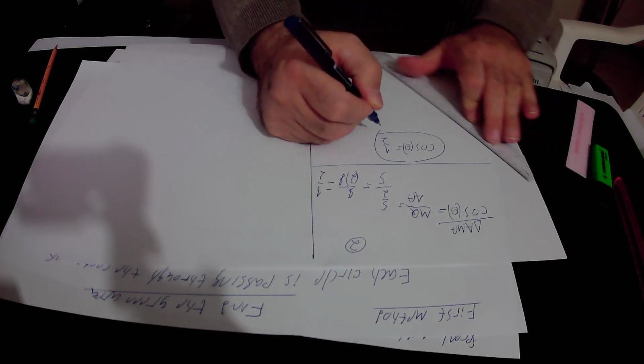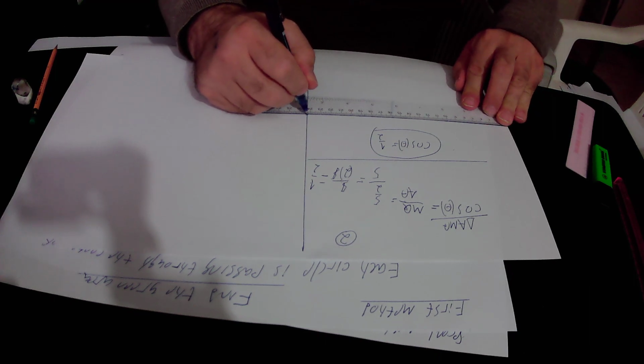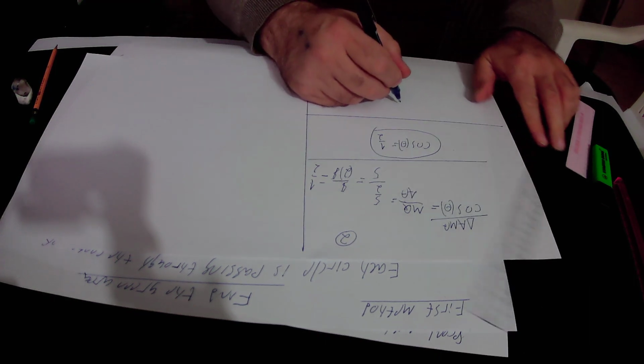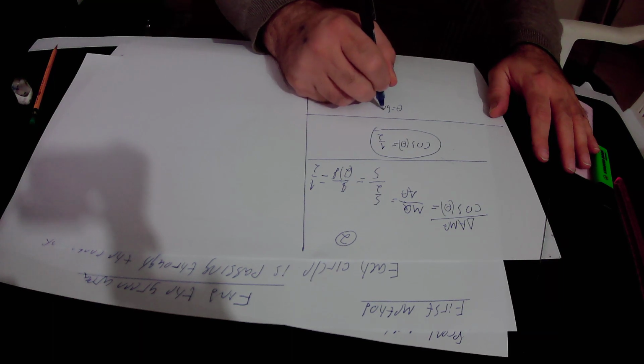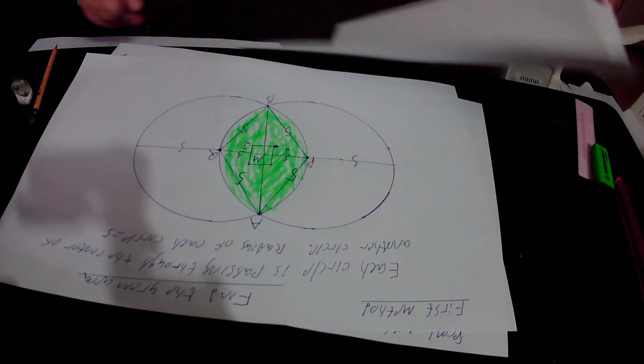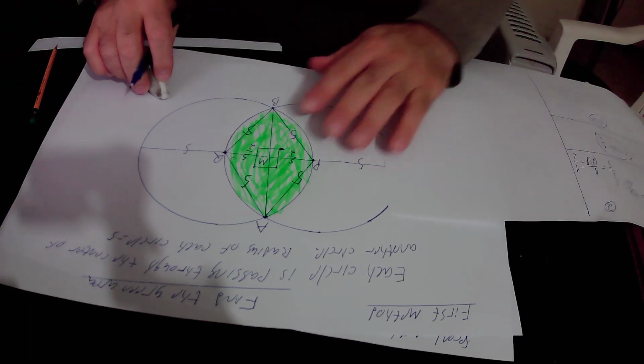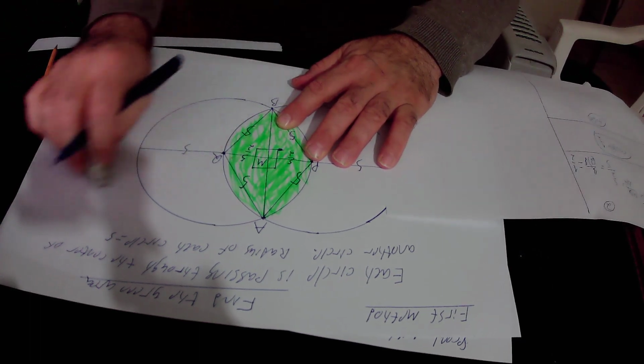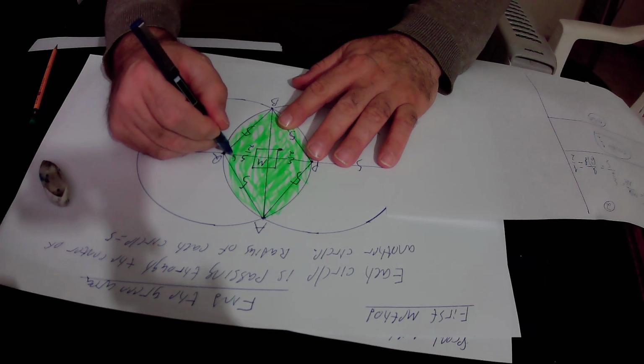If cosine theta equals 1 over 2, it means that theta equals 60 degrees. Okay, theta equals 60 degrees. So we can write down here that theta equals 60 degrees.